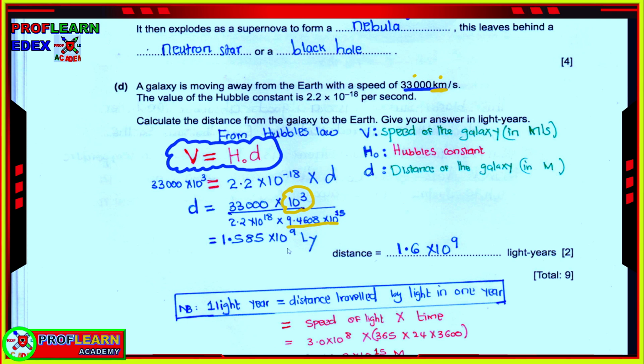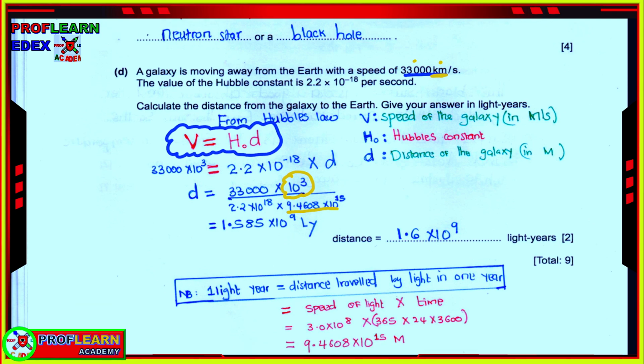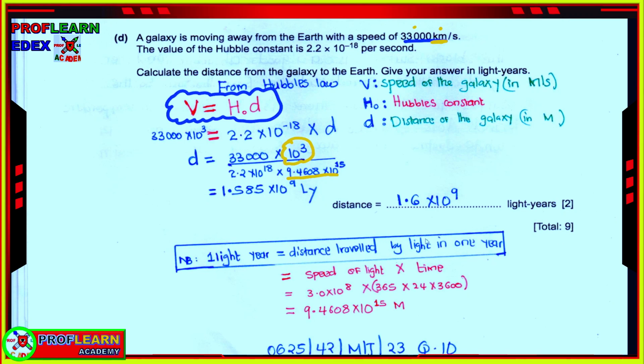1 light year is equivalent to which distance? 1 light year is equal to the distance traveled by light in 1 year. And you remember distance is speed times time, and the speed of light is 3.0 times 10 to the power 8 times time. Time must be in what? In seconds. In a year we have 365 days times 24 hours times 3600.